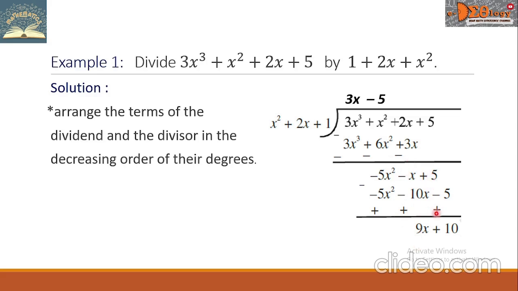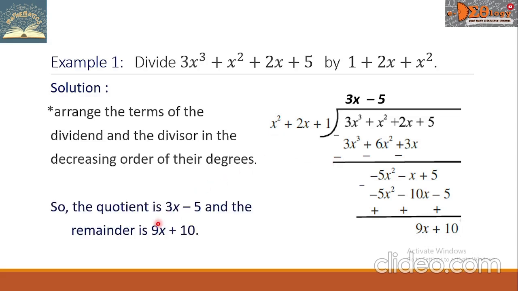Positive 5 plus 5 is now plus 10. From here, we stopped because our new dividend here, 9x plus 10, has lesser degree than our divisor. So, the quotient is 3x minus 5 and the remainder is 9x plus 10.